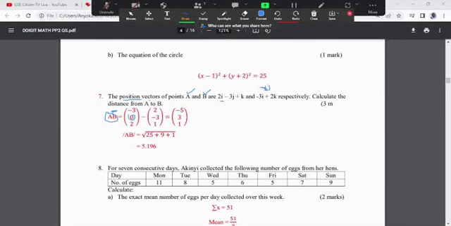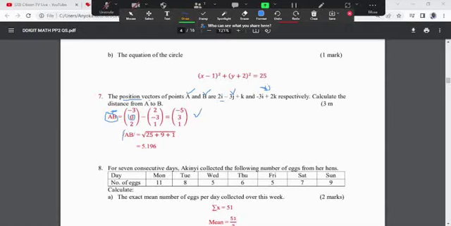So minus 2, negative 3, 1, which is the position vector of A, is equal to negative 5, 3, 1. This is the vector AB.